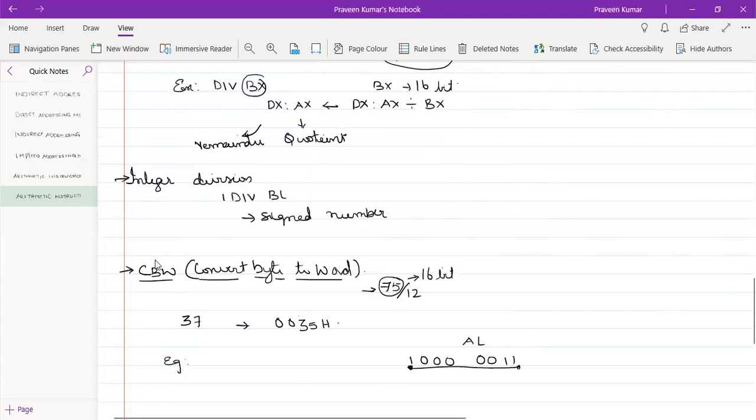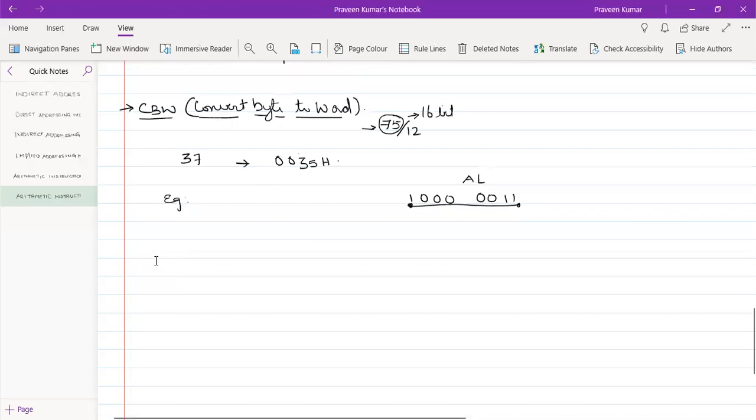If I want to convert this into 16 bits, where do I have to store it? I store one part in AL, and the second part I will store in AH. So what is the value? 10000011.